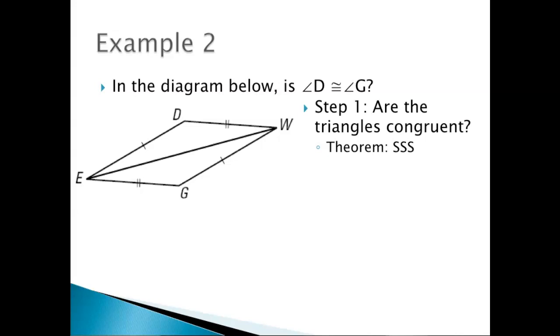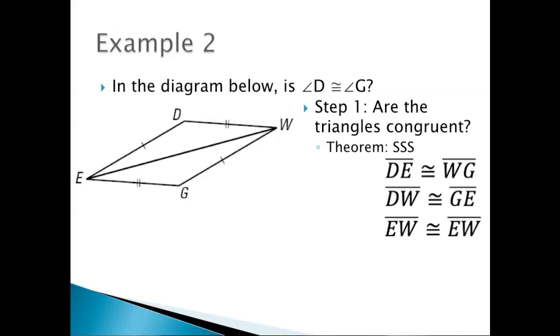So we can start by stating the three sides that are congruent. DE is congruent to WG, DW congruent to GE, and EW congruent to itself. So by side-side-side, we can say that triangle DEW is congruent to triangle GWE.